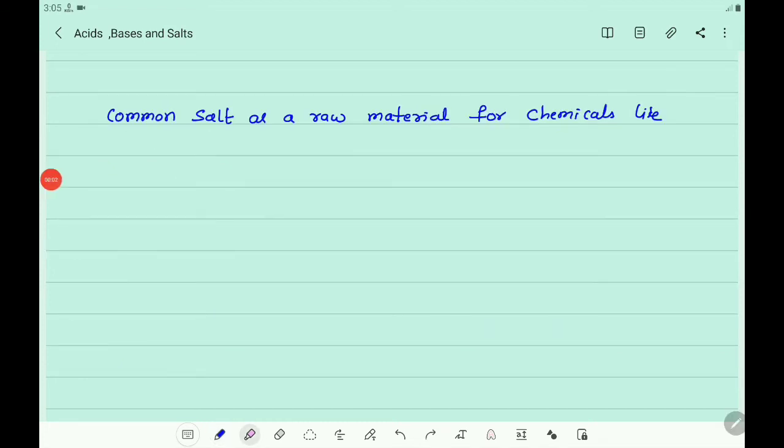Now let us discuss common salt as a raw material for chemicals like caustic soda, baking soda, washing soda, bleaching powder, etc. So you write, common salt as a raw material for chemicals like sodium hydroxide, which is also called caustic soda.